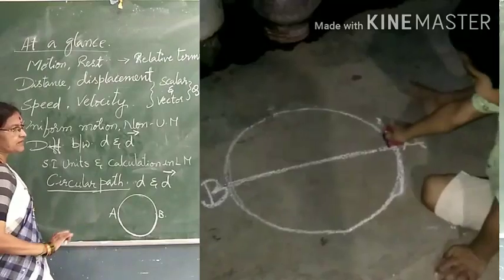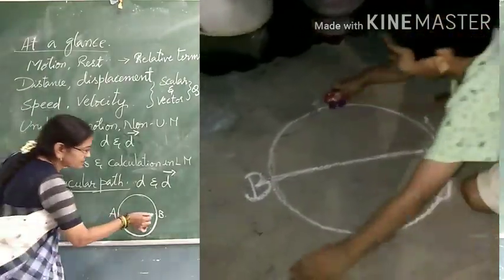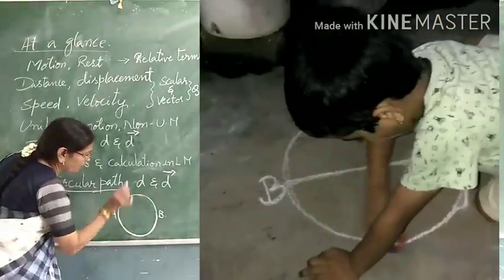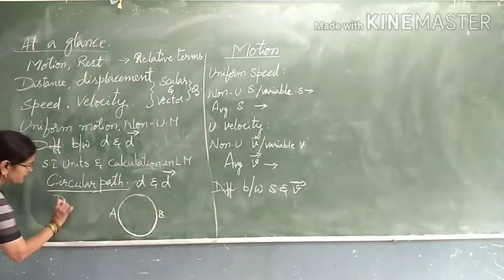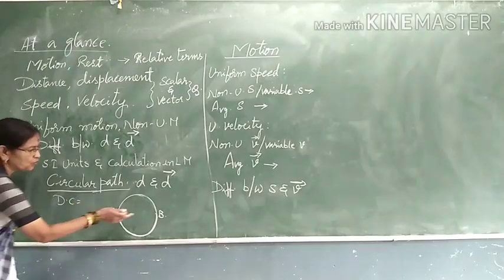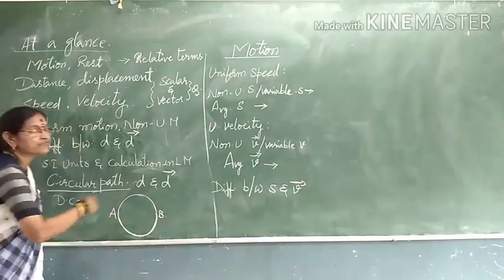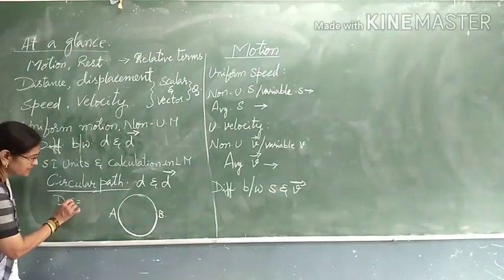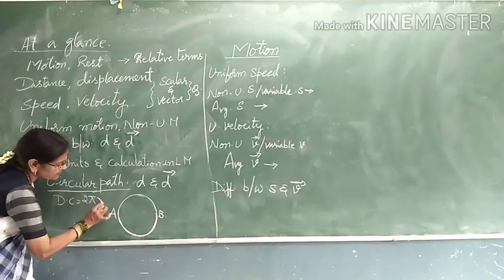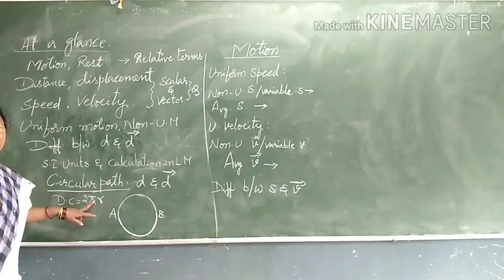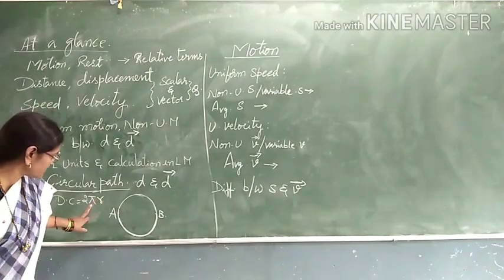Distance covered is equal to, suppose it is covering the total circle, the total circle, no? So the circumference of the circle. What is the circumference of the circle? 2 pi r. This is the distance covered.